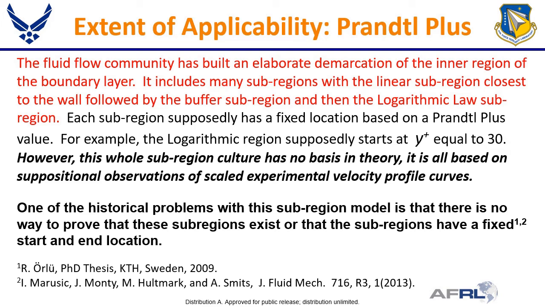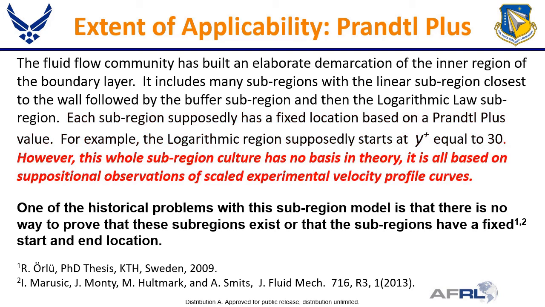It includes many subregions, with a linear subregion closest to the wall, followed by a buffer subregion, and then the Logarithmic Law subregion. Each subregion supposedly has a fixed location based on a Prandtl Plus value. For example, the logarithmic region supposedly starts at y plus equal to 30.